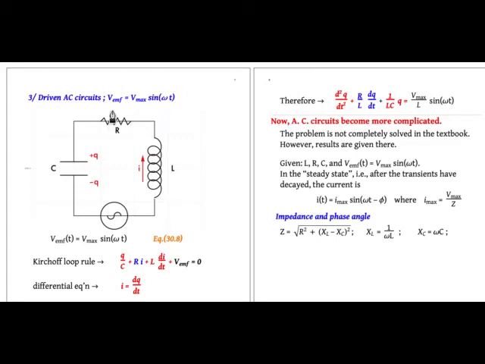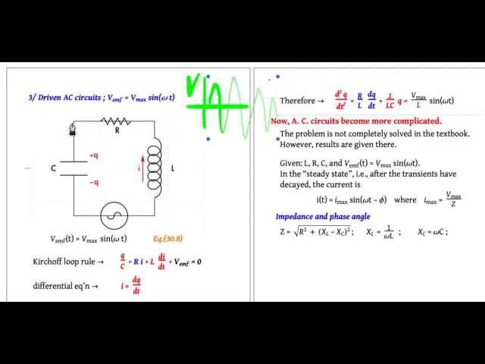Following the book, we'll say that the EMF at time t is some amplitude, V max, times sine omega t. So the EMF around the circuit as a function of time is sinusoidal. It has some maximum amplitude, some period, and some frequency. The angular frequency is omega.